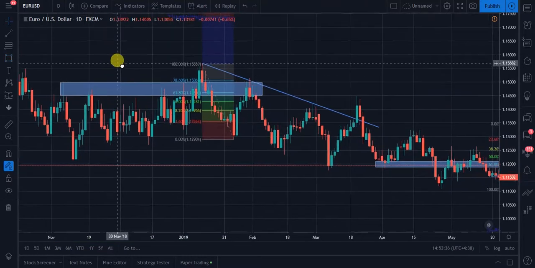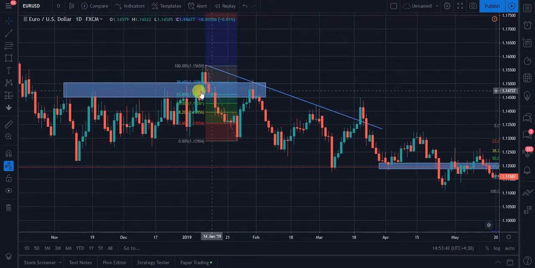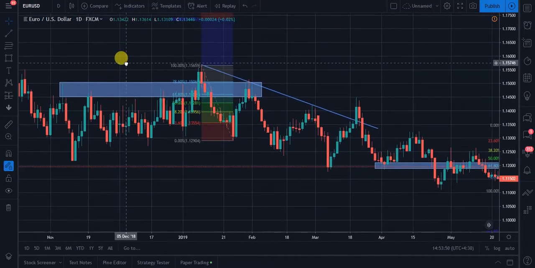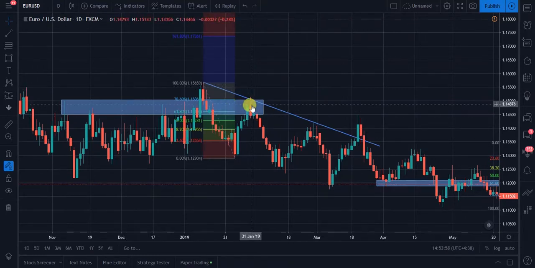So we can compare or combine these two methods, Fibonacci levels and support and resistance zones. With these strategies, we can also use indicators to get some more confirmations for our entry levels.